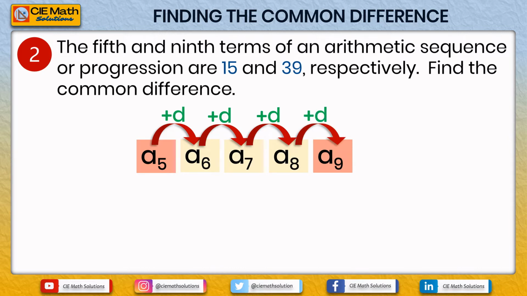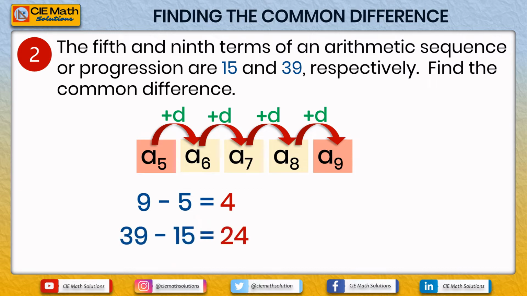Take note that before we could go from A5 to A9, we need to add 4 d's or 4 common differences. We can actually get this by subtracting the orders of the terms, that is 9 minus 5, which is equal to 4. We also need to subtract the given terms, which are 39 and 15.